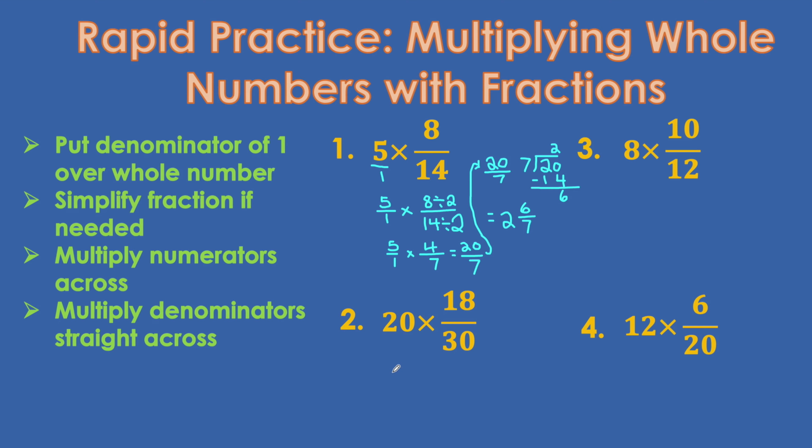We have 20 times 18 over 30. First, put a denominator of 1 over the whole number. Then we're going to simplify that fraction. 20 over 1 times 18 over 30.